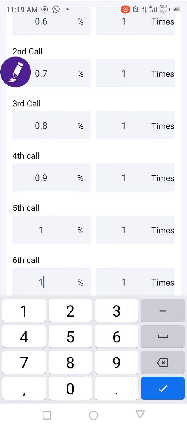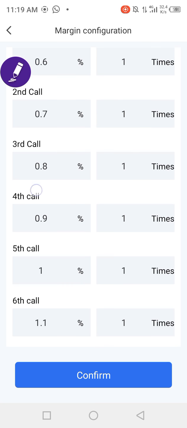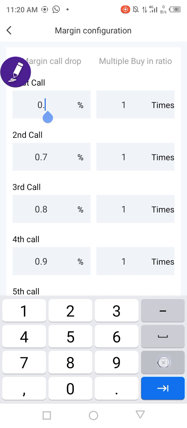Use another 1.1% buy. Okay. This method will allow the coins to be purchased very fast and wait for any moment that the coin rises, all right, for it to start selling.